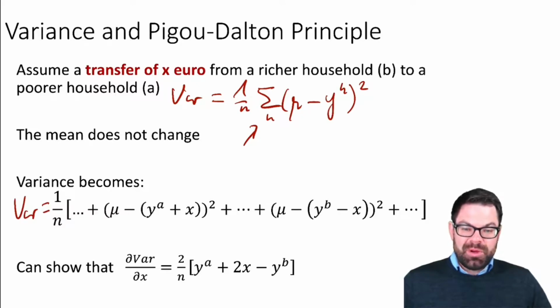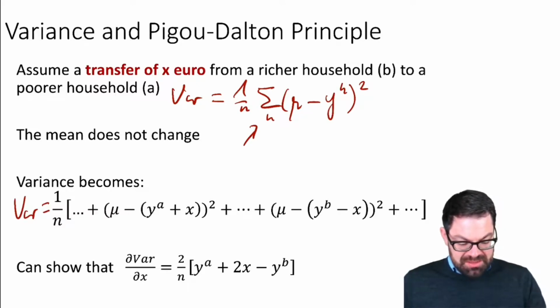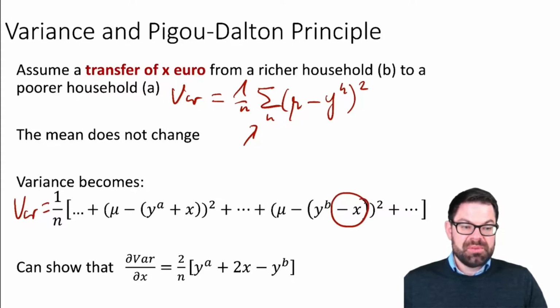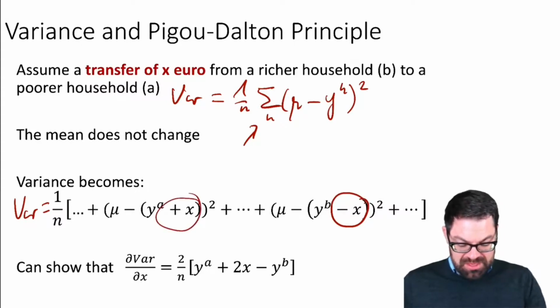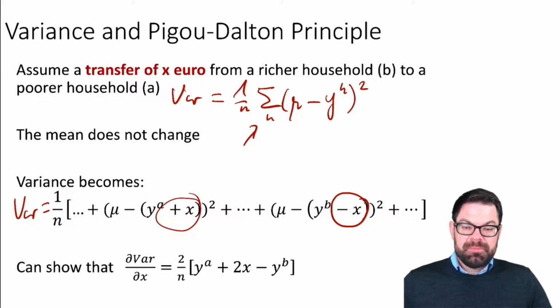In addition, we take one of the richer households and take away X from that household and give it to a poorer household. And what we want to know now is whether the variance decreases through that, which it should if it is to fulfill the Pigou-Dalton principle.